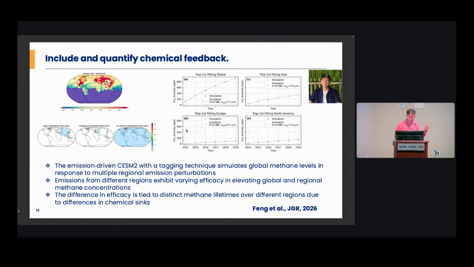And it shows that you have different concentrations from different regions, but it's still only at the mixing ratio state, not from the radiative forcing standpoint. But emissions in Europe would linger longer in the higher latitudes and thus have a longer lifetime.